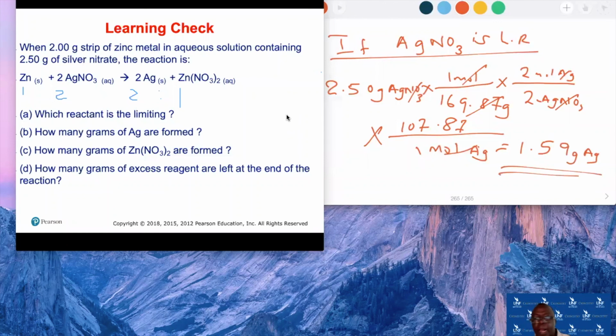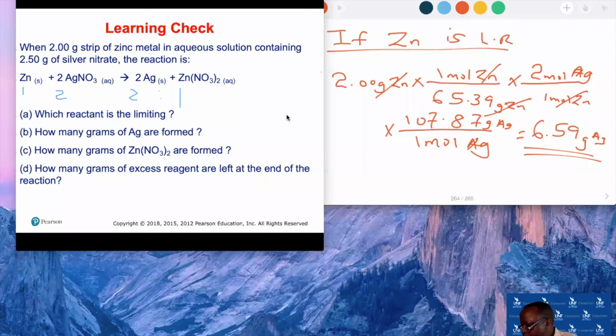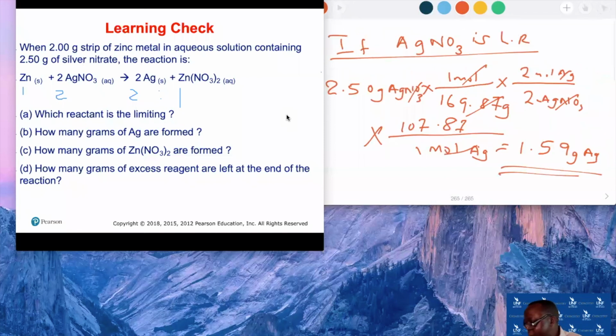So from this calculation, the one which gives less amount of the desired product is silver nitrate compared to the 6.59 we have here. The one which gives us less amount of the desired product is the limiting reagent. So which one is the limiting reagent? It is silver nitrate. And the product produced from the silver nitrate is 1.59, and that is the mass of the desired product. I want to stop here.